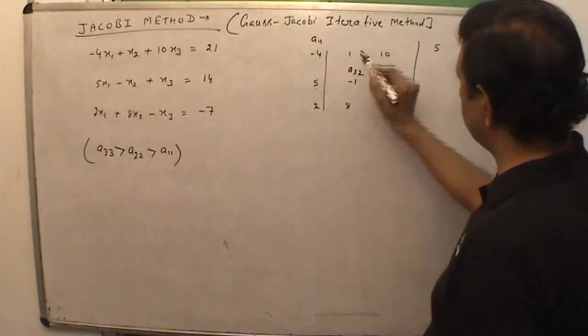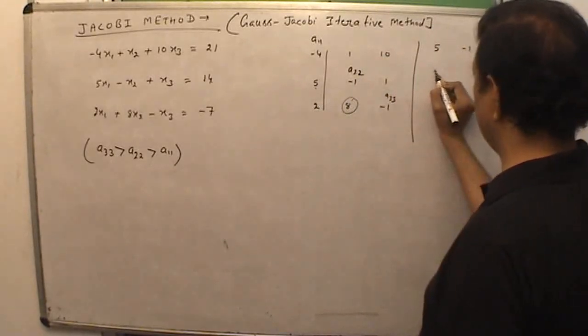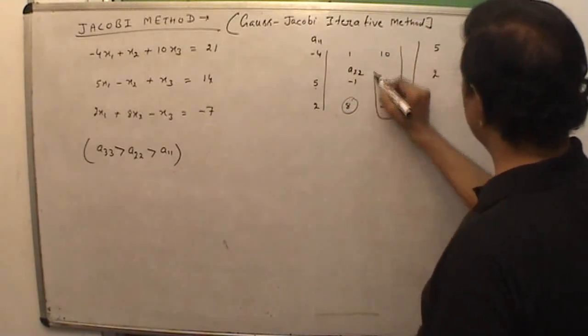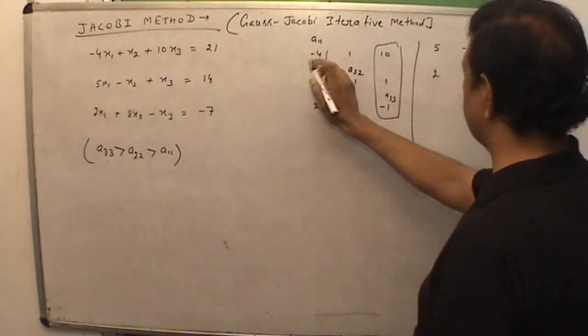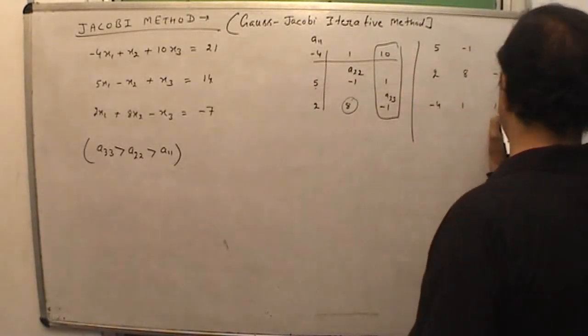Write it here. In the second column, the largest element is 8. After that, 2, 8, minus 1. In the third column, the largest element is 10. We write this equation, that is minus 4, 1 and 10.